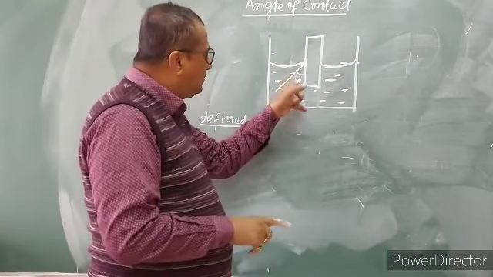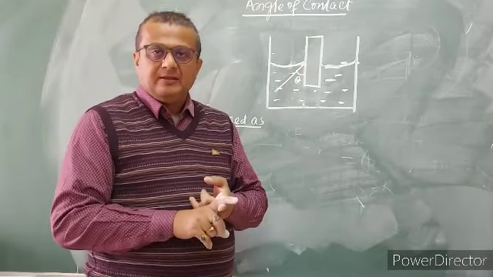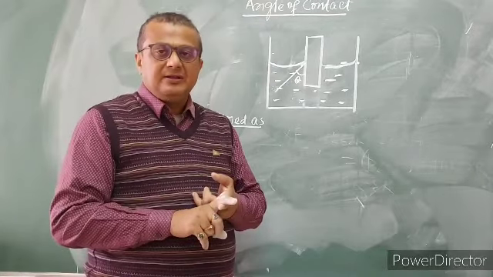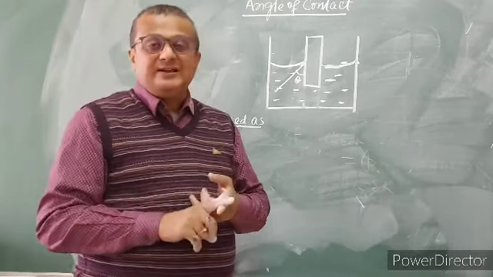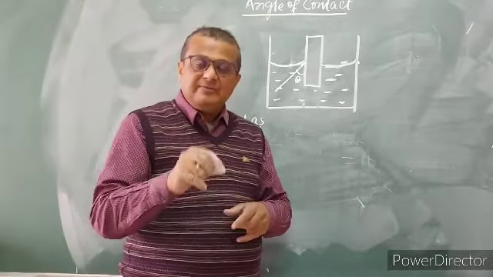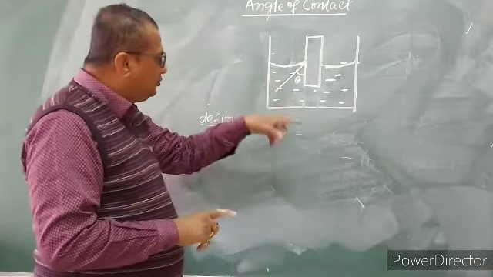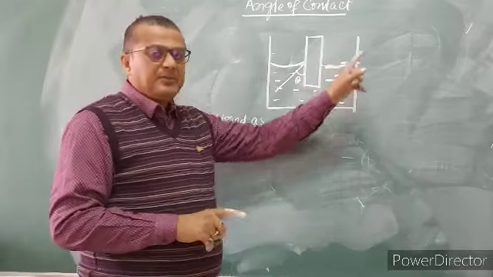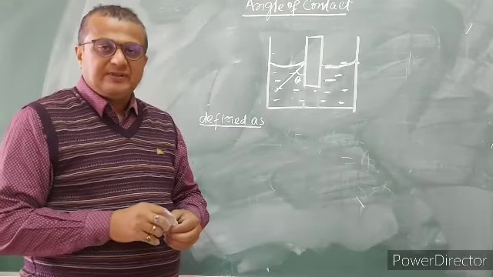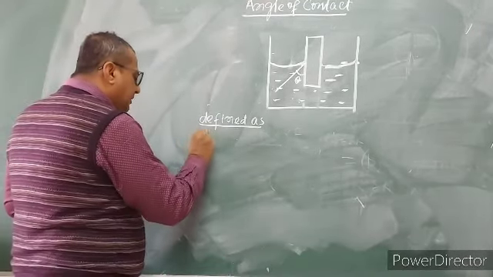So there will be a resultant of the force of cohesion and force of adhesion, a certain value of resultant, and due to that the curved surface will be formed.